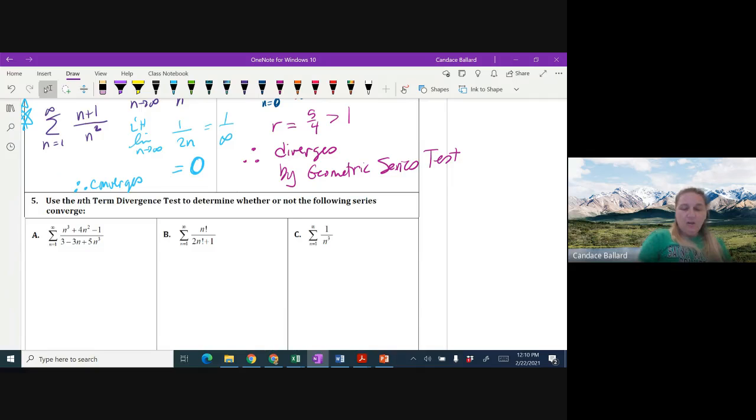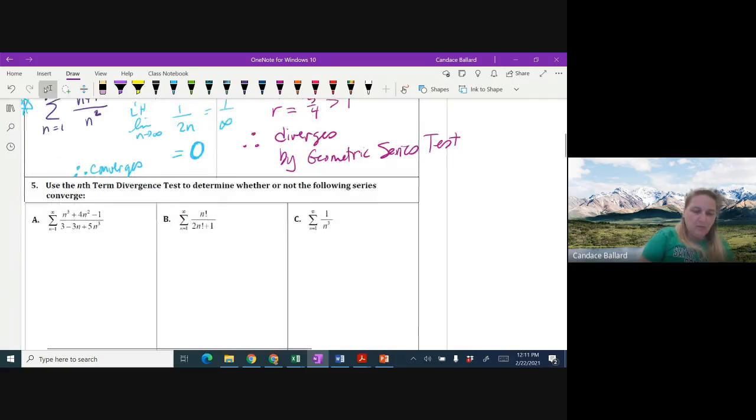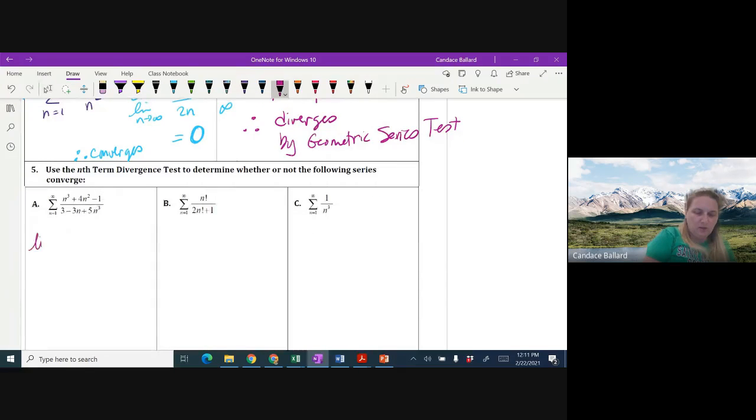Looking at B, I would have probably gone ratio, right? But we're going to try to use nth term. So let's start with nth term. We just start by taking the limit as n approaches infinity of whatever our a sub n is. Okay. So I'm going to see what you guys think about this one.